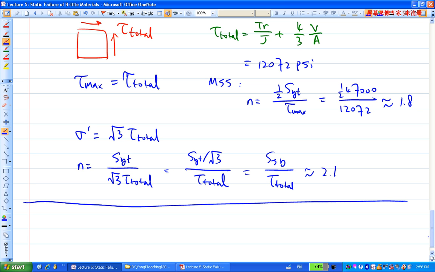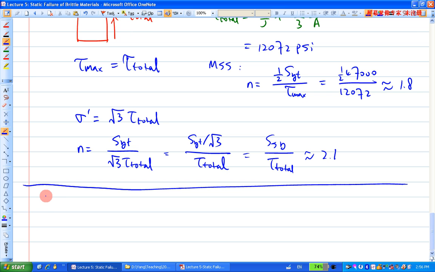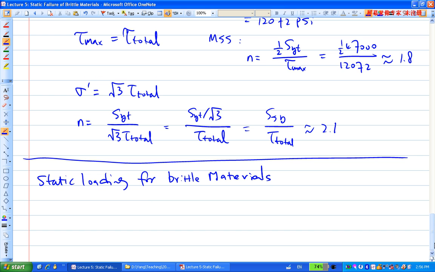So then let's look at static loading for brittle material. For brittle material, we're going to look at 3 different theories. One of them is called maximum normal stress theory, MNS.